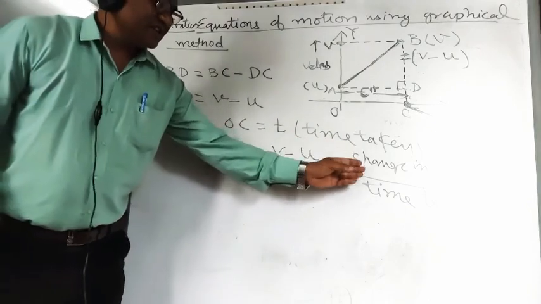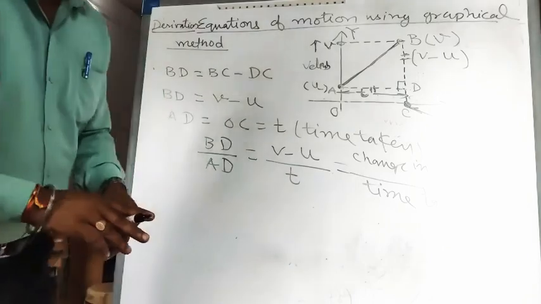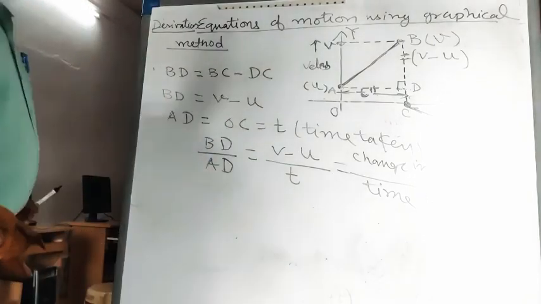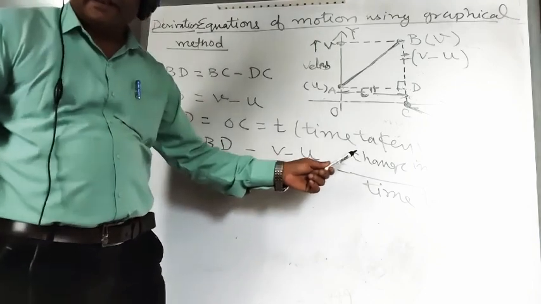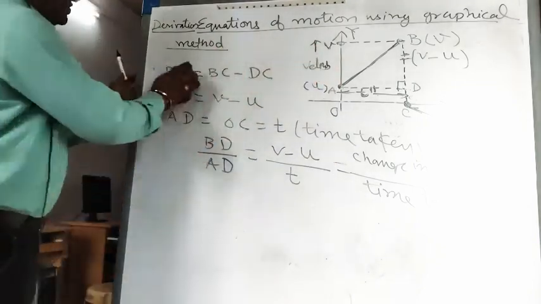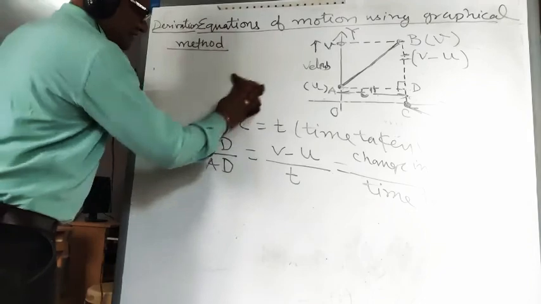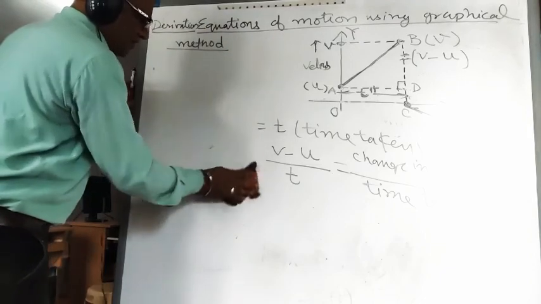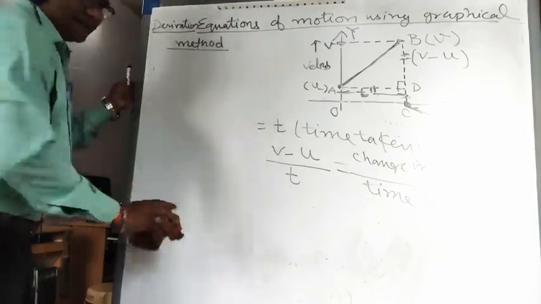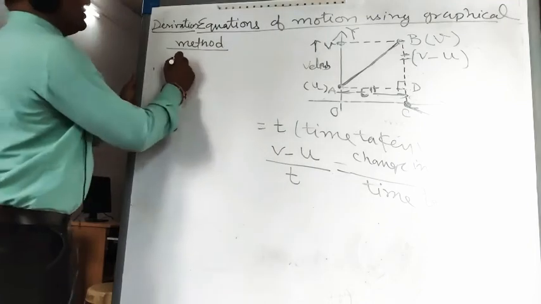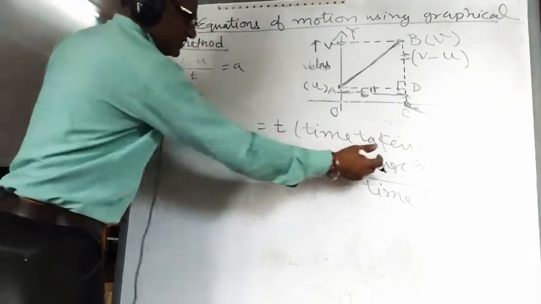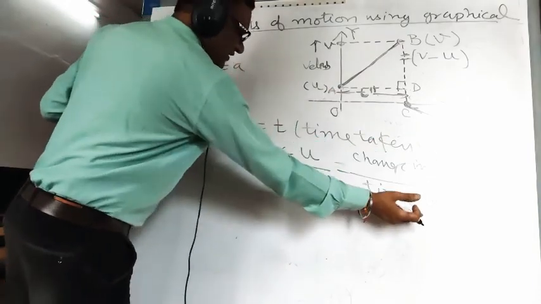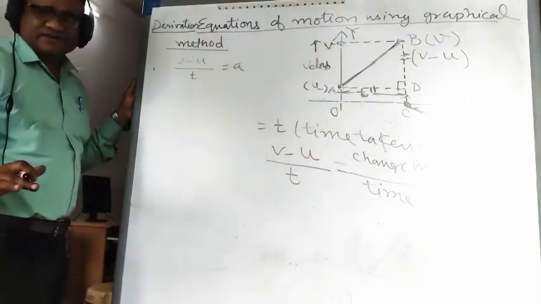But we know that change in velocity upon time taken is known as acceleration. So this ratio is represented by small a. That is the acceleration of the object. So v minus u by t indicates acceleration. V minus u by t is equal to a, because it is the ratio of change in velocity divided by time taken for that change.